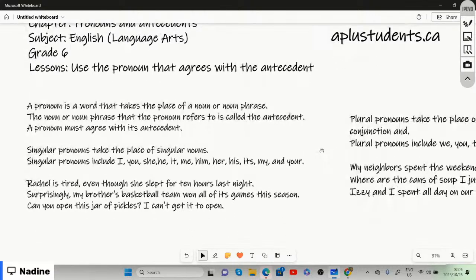Okay, as we're about to start with our lesson, we said a pronoun is a word that takes the place of a noun or a noun phrase.